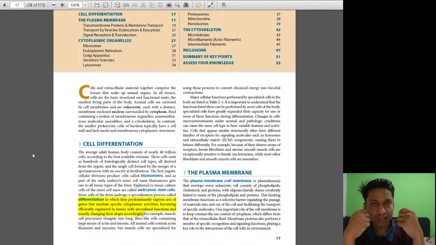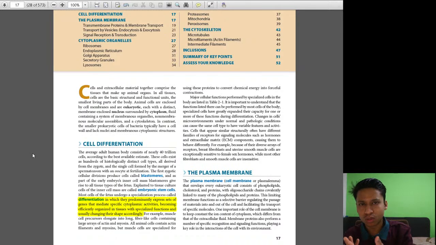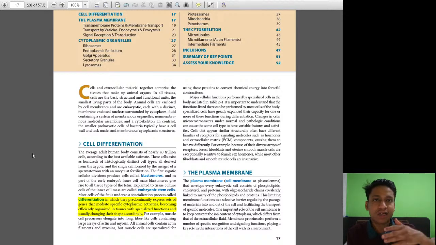So the initial change in differentiation is predominantly expressing some specific set of genes. Only this specific set of genes, because they are important for the early growth of the cells, the cytoplasmic activity, and the initial tissues that later develop into a complete organism.